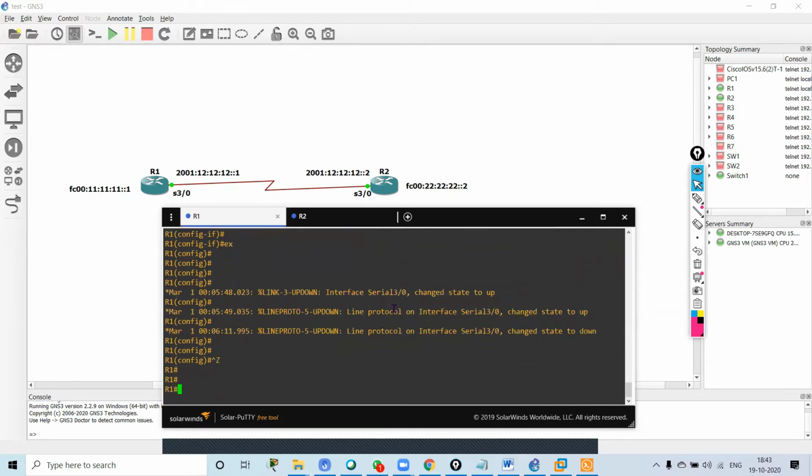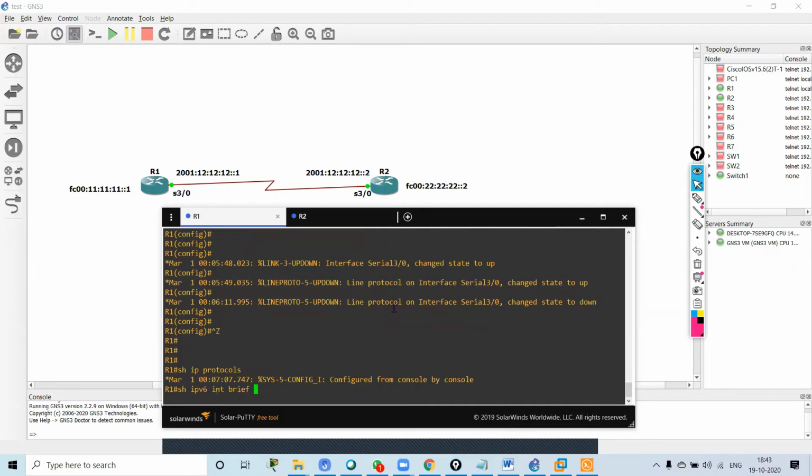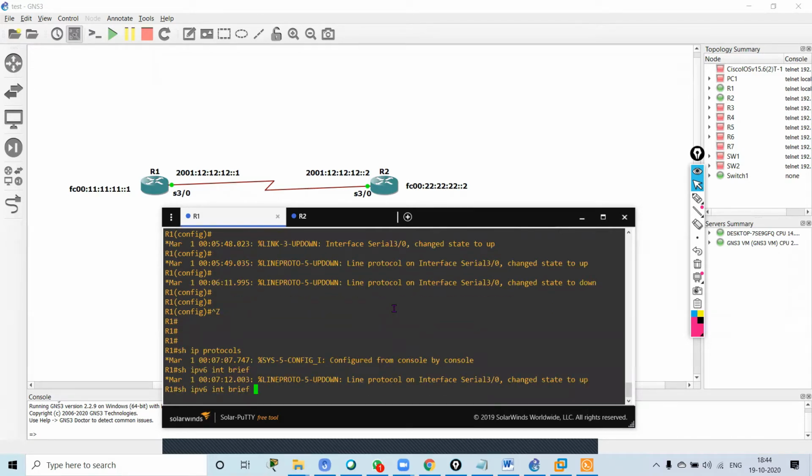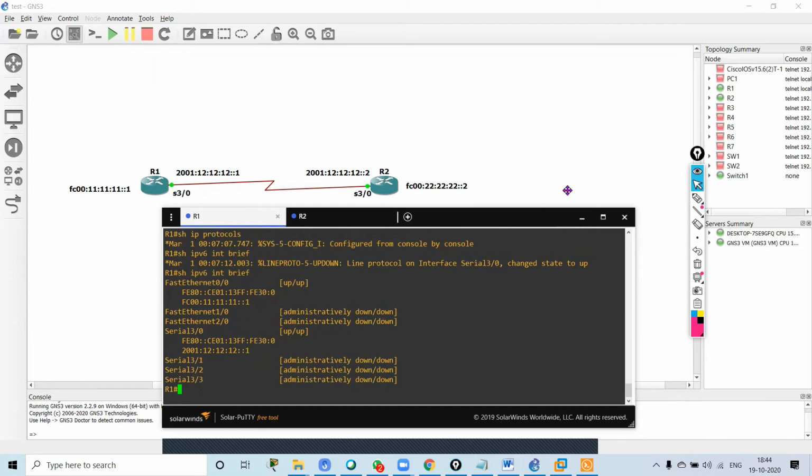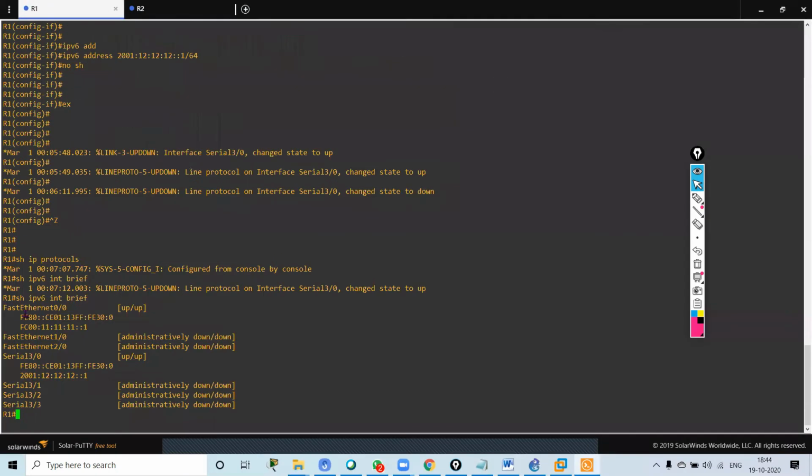Now I have to verify the IP version 6 address, you have to give show ipv6 interface brief. Okay. See, I got the IP version 6 address over here.